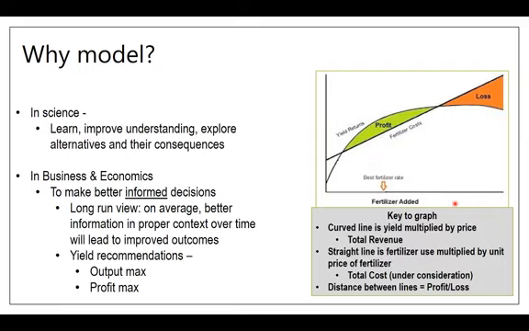In science, there is certainly a science of demand for homes, supply of real estate, those kinds of things. But in science, typically when we're talking about modeling, we're talking about learning, improving understanding, looking at alternatives and consequences. In practical business and economics, it's really about the MBA or MS type training you're getting. It's more about how we think about them in a more practical formation for better informed decisions.